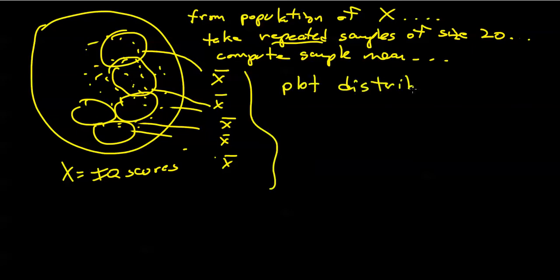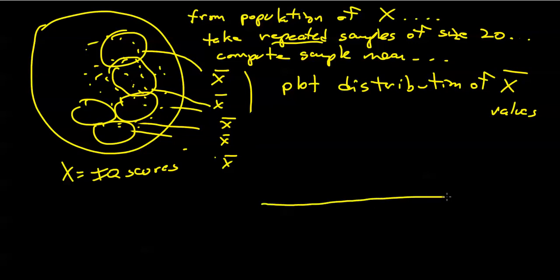So what I'm going to do is plot the distribution of X bar values, much like I plotted the distribution of X values. The horizontal axis here is no longer going to represent X, it's going to represent X bar values.